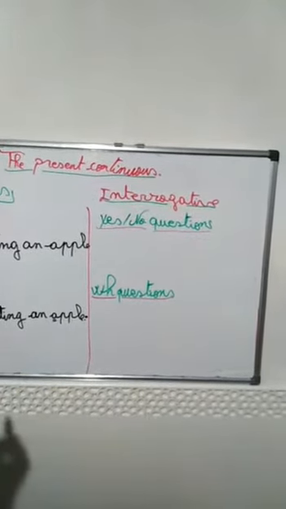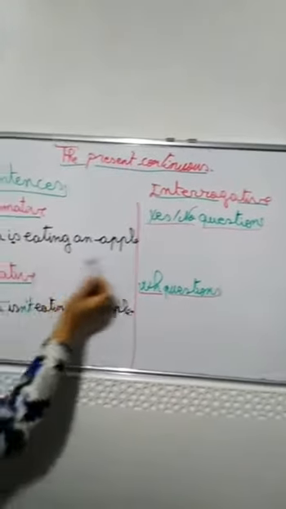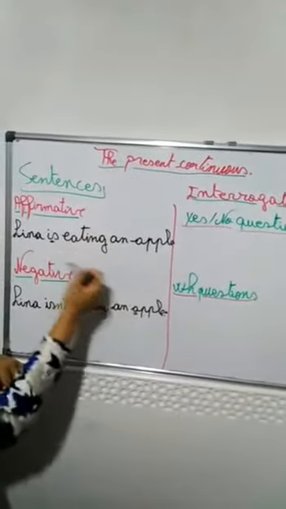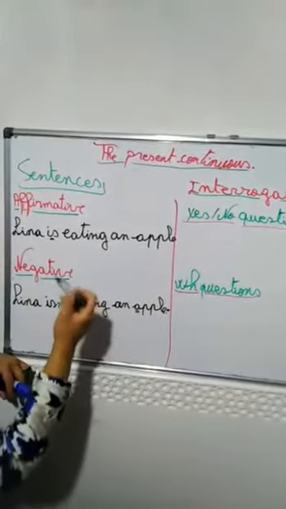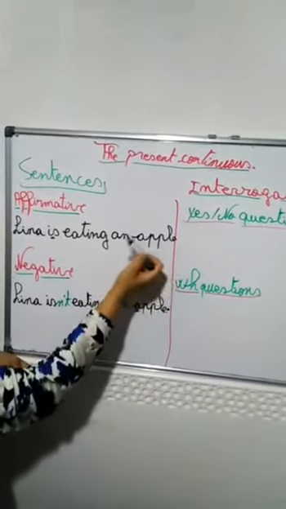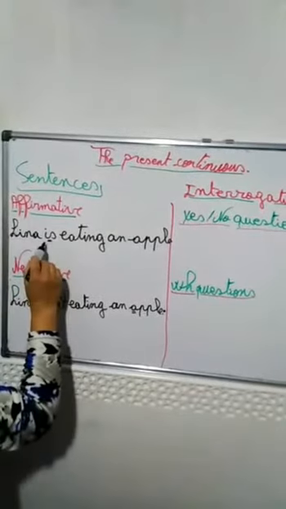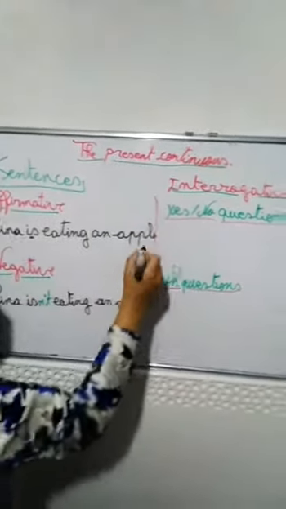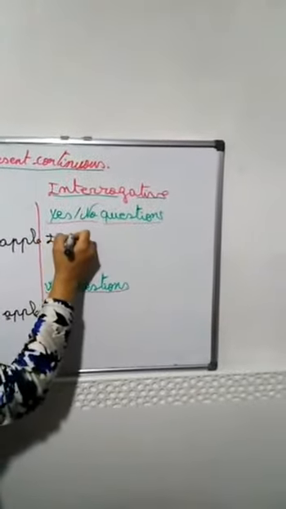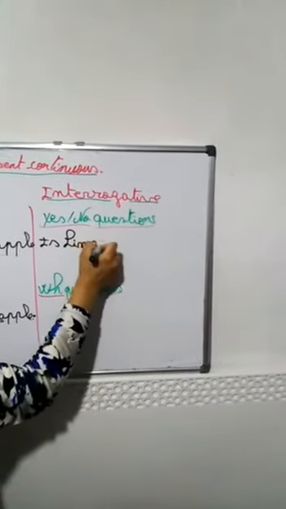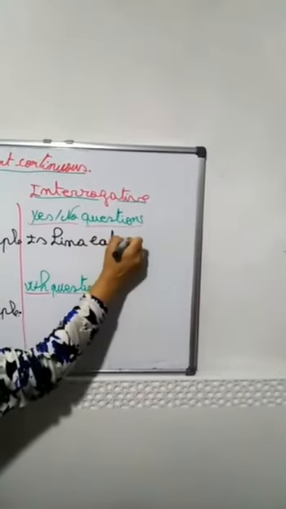For example, let's use the same sentence I have here. Lina is eating an apple. I don't know what Lina is eating. So I say, is Lina eating an apple?